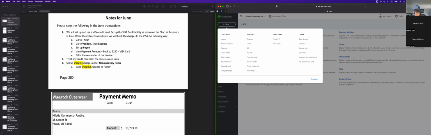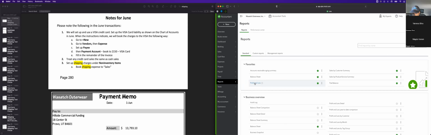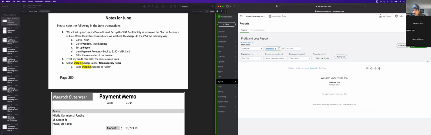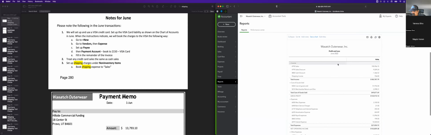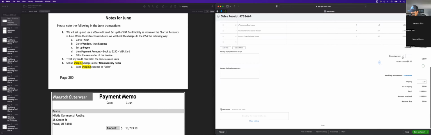But you're saying you have, let's go to your reports and do the profit and loss. Let's do June 30. New sales, the shipping income. All these sales receipts, you're putting it in down here as shipping, right?